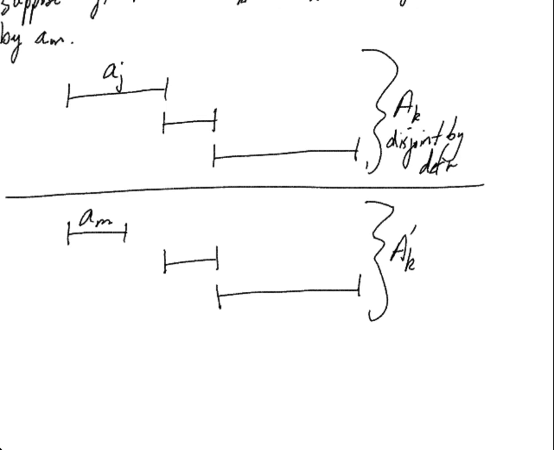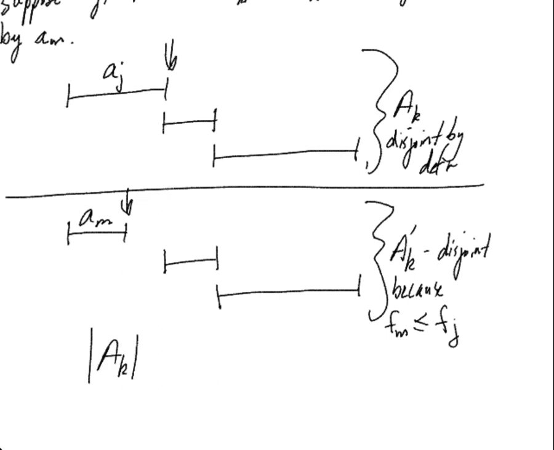So, what have we done? Well, first of all, we know that A prime sub k is disjoint because the finish time of m is less than or equal to the finish time of j, right? This finish time is before or equal to that finish time. And we also know something important, that the number of activities in A sub k in that optimal solution is exactly equal to the number of activities in A prime.